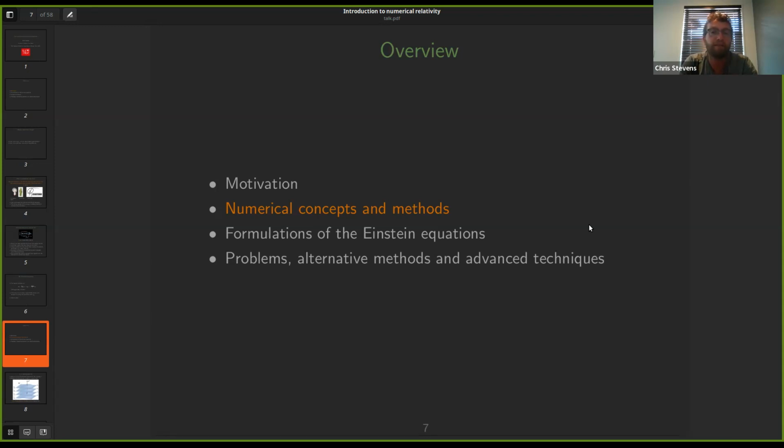So the system that we'll be using is another formulation that's certainly not as popular, but is one that has nice mathematical properties, which then sort of leads into nice numerical properties. And it's complicated enough that you can look at colliding gravitational waves, and all of the numerical techniques and methods are still there, but it's just a much simpler system. So that's what I think will be the most beneficial.